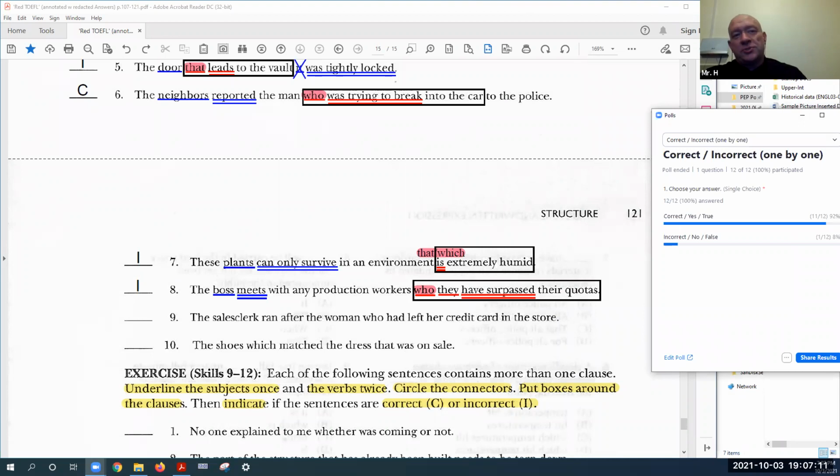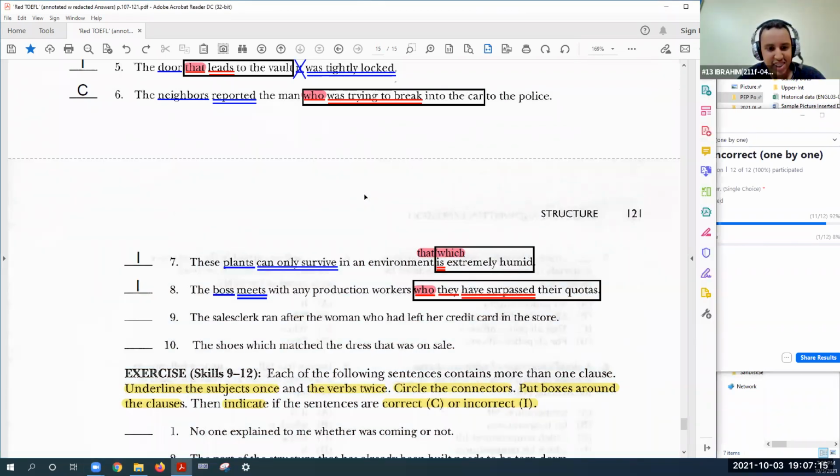Ibrahim, I want you to explain number 9. Okay. First, the sales clerk. Sales clerk. Yes, what is that? Subject. First subject. And then? Then we forgot to fix. I forgot to fix that one up there. But you see, we removed the second subject, right? Okay. And now number 9. Sales clerk.